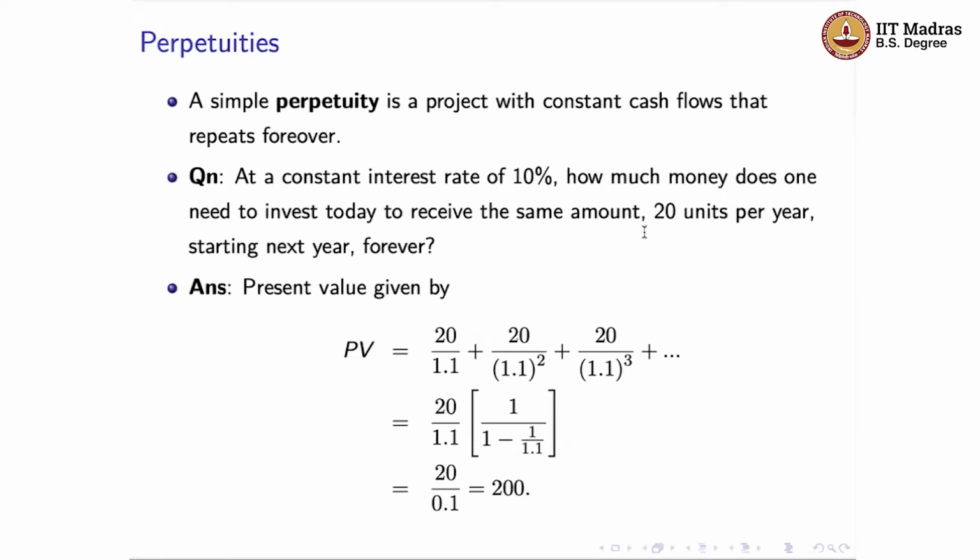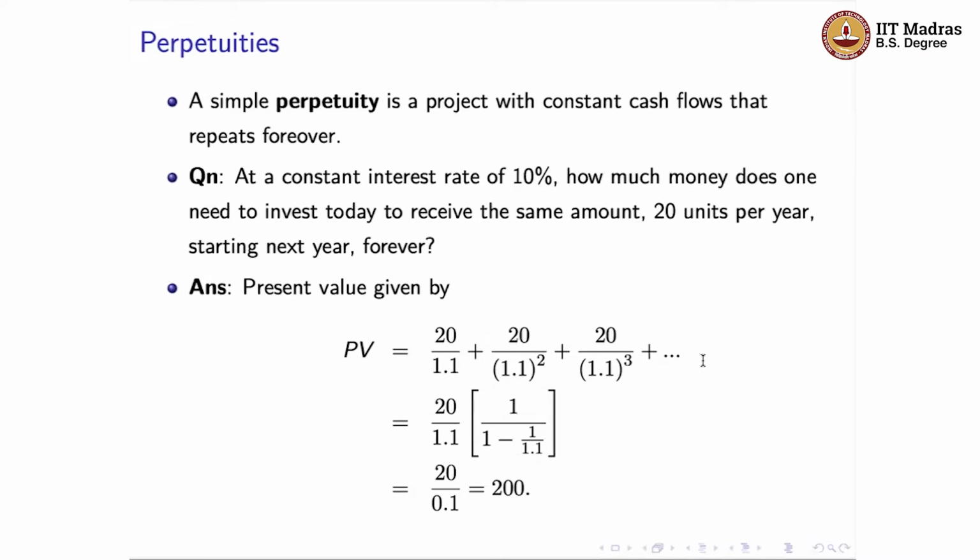So here the interest rate is given to you as 10%. Therefore, the discounting of the first payment, which is in the next year, is going to be 20 divided by 1.1. That's the present value of that payment. The payment 1 year later has to be discounted by 1.1 squared. So the present value of that is 20 divided by 1.1 squared, and so on, right? But this is basically an infinite sum.